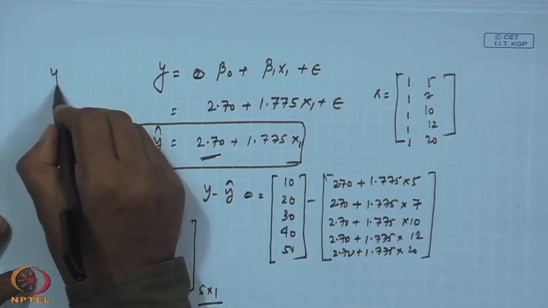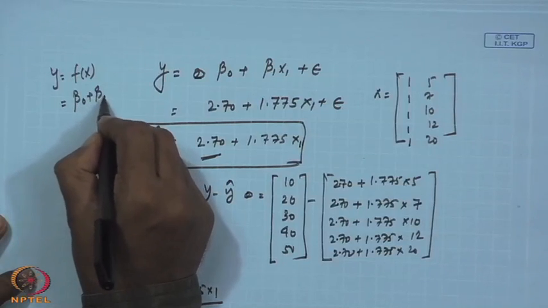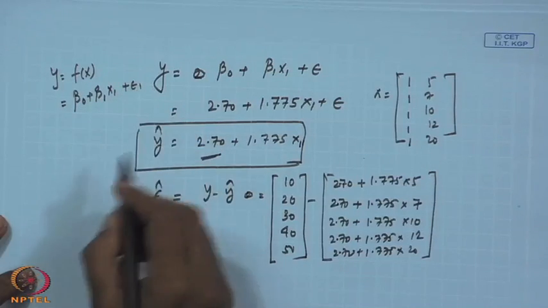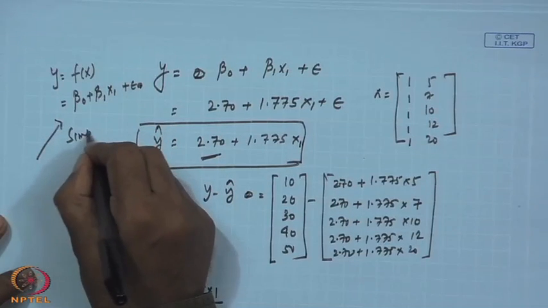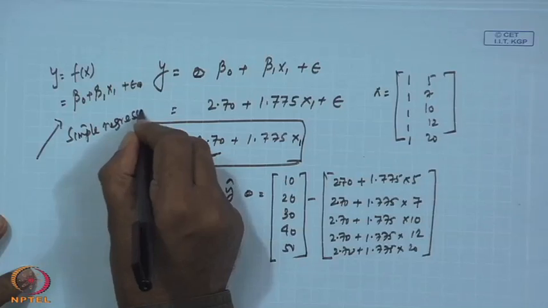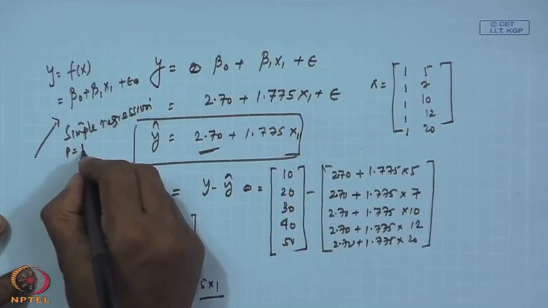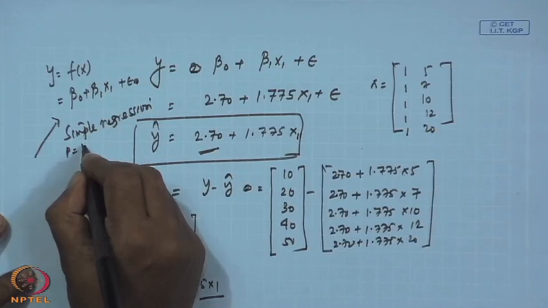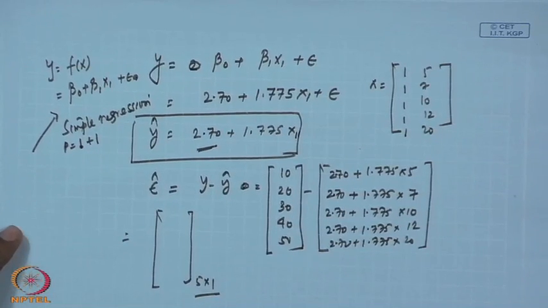We have calculated a very simple problem, only one variable at a time. So when you take y as a function of x in the linear model like beta 0 plus beta 1 x1 plus epsilon, only one variable, this regression is known as simple regression. Simple linear regression is the case when p equals 1. If p is the number of parameters to be estimated, then it is 2, intercept plus this.